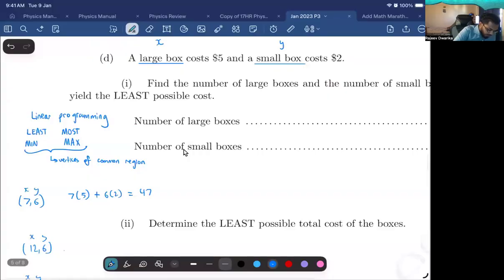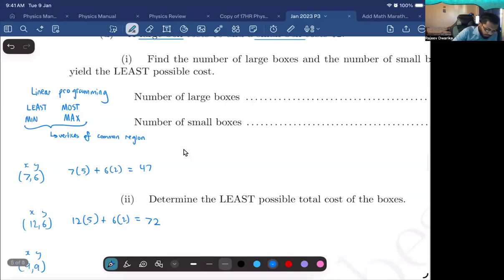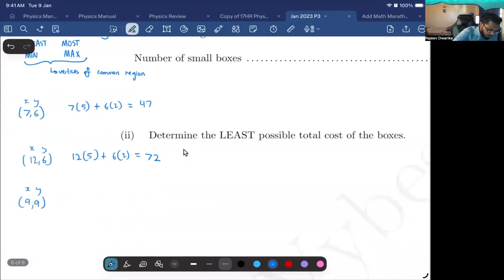So this possibility, this would be 12 by 5 plus 6 by 2 again. Let me know again for that. 72, sir. Yes, right? And the last one is going to be 9 by 5 plus 9 by 2. What are you all getting for that?